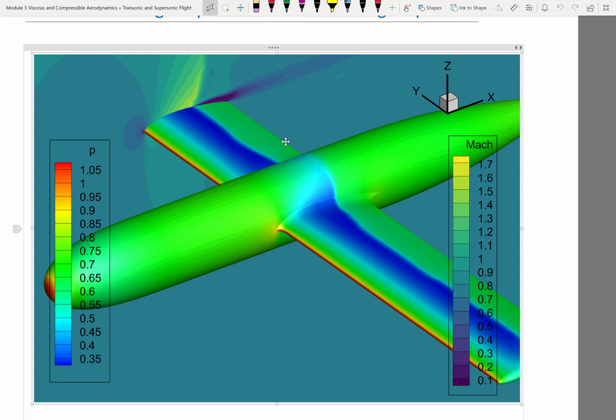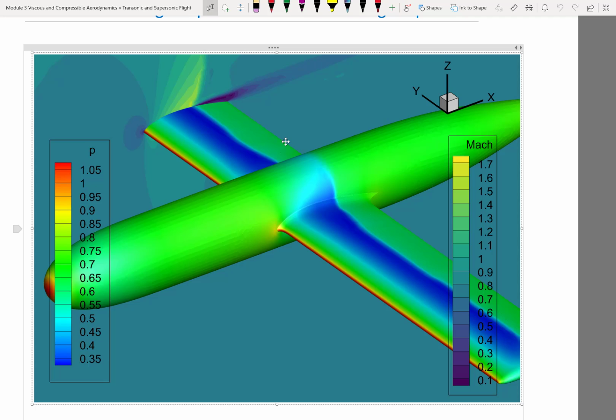The pressure increases in such a short distance that whatever viscous force in the boundary layer doesn't have enough time to prevent flow separation. So whenever you have a strong shock, by strong shock I mean the pressure increases by a lot, the flow is probably going to separate.